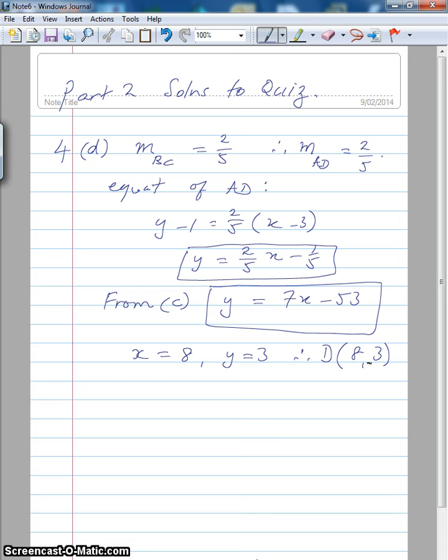So we now come to the next section, which is the extended response. Part A. In part A, we're asked to find an expression for the cost C in terms of N for the deluxe option of the vehicle.